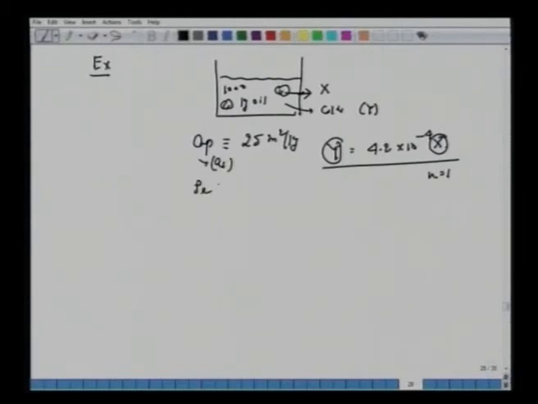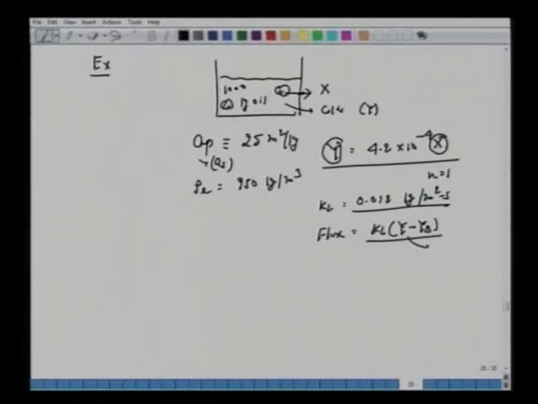Rho L, oil density, is 950 kg per cubic meter. Let's say we have KL as 0.012 kg per meter square per second. Look at this unit of this. All it means, we have the flux given as KL into y minus ys.